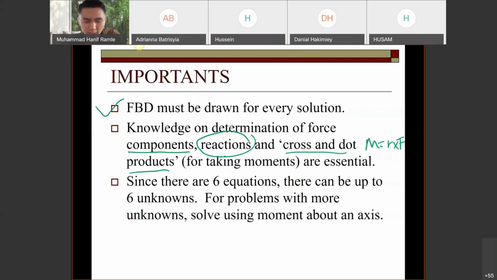Since there are 6 equations, there can be up to 6 unknowns. For problems with more unknowns, solve using moment about an axis.